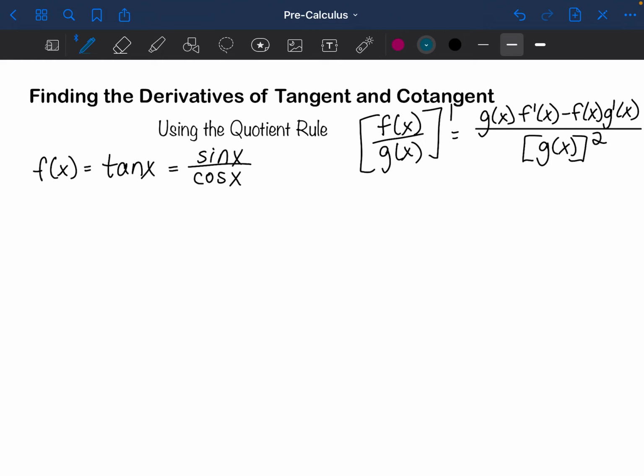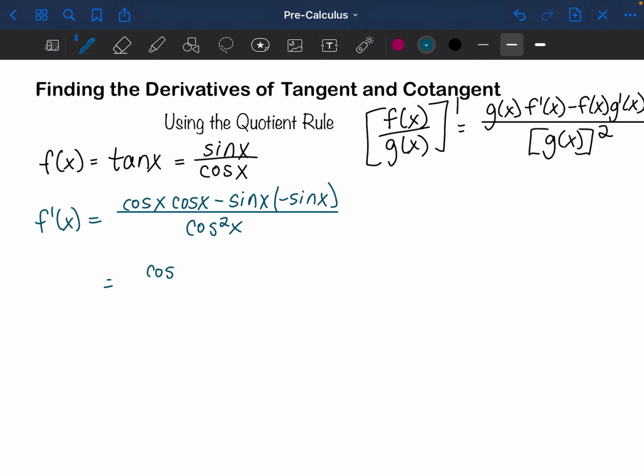So that means the derivative of tangent is equal to low d high, derivative of sine is cosine, minus high, derivative of cosine is negative sine of x, all over low squared.